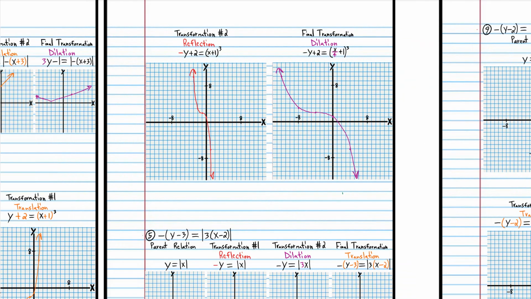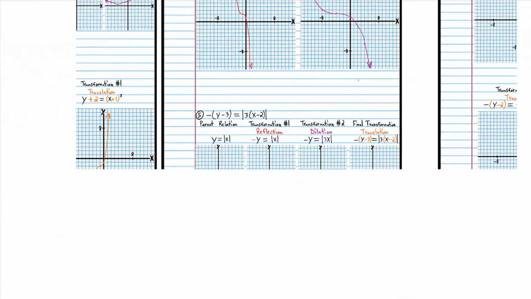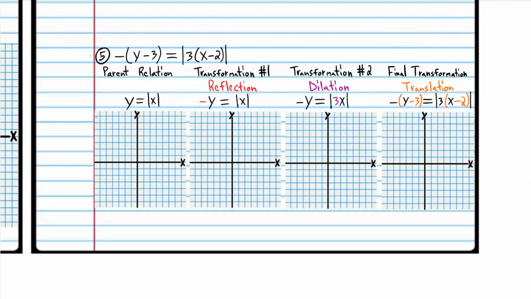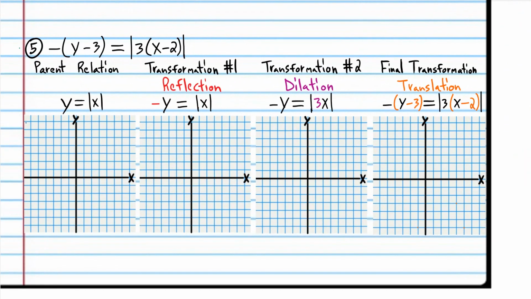Okay, so now it's time for you to try. So you're going to try number 5, and the first thing you have to do when graphing this complicated looking equation is figure out what parent graph and what parent equation we're going to use. Now notice you have absolute value symbols, so obviously you're going to use the absolute value parent graph.